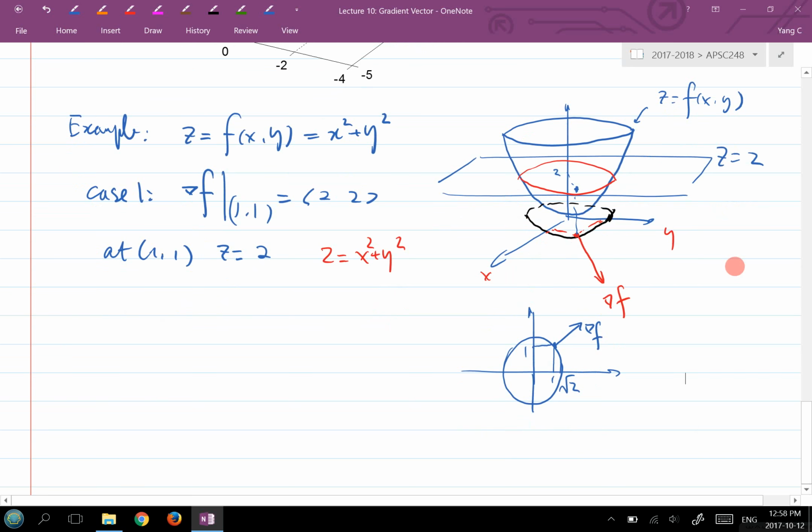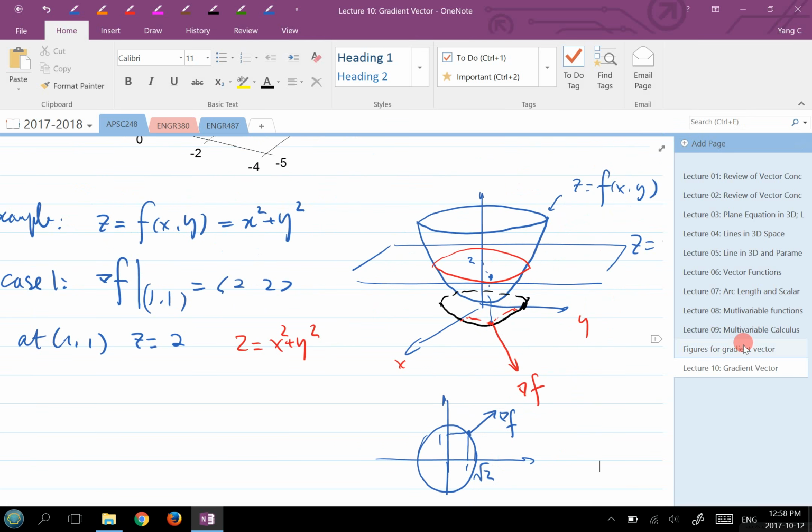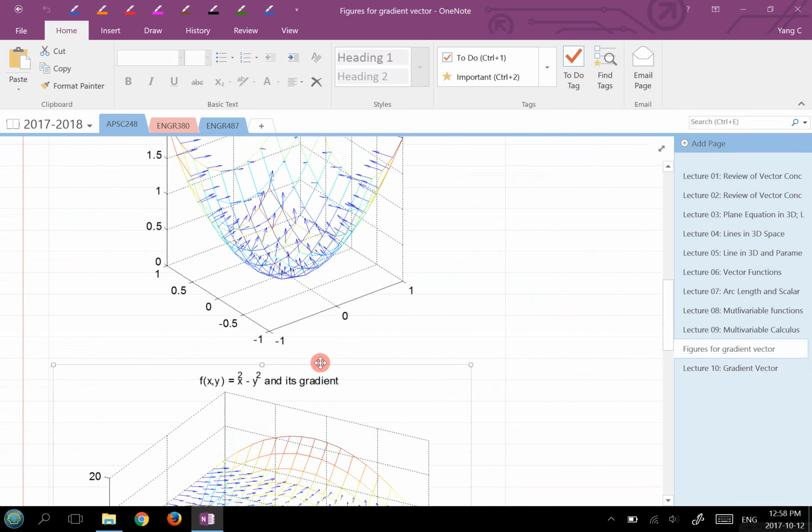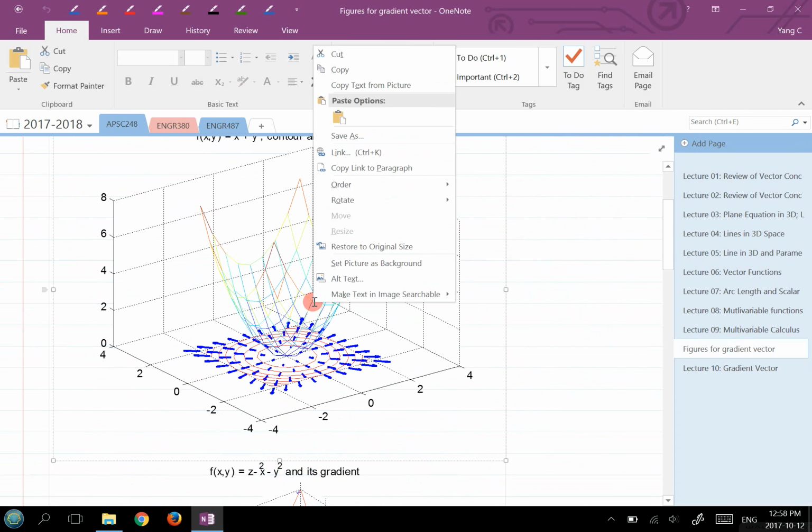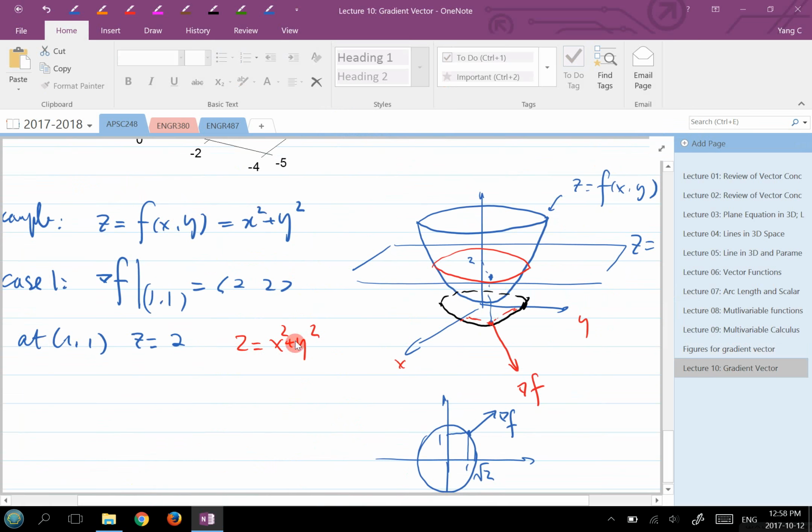So I have a drawing here. Probably I can bring in this one here. That's what this one looks like.